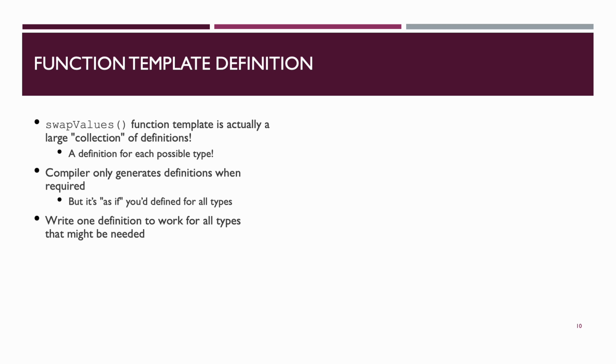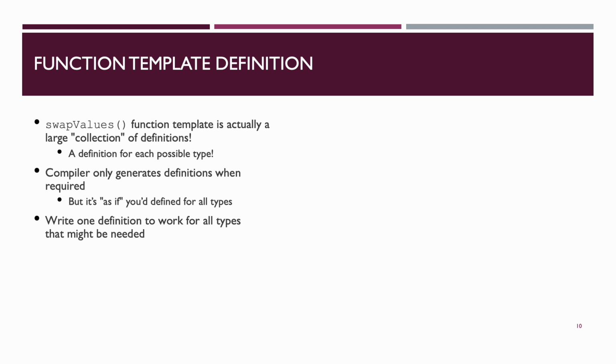Okay, so here if we see the function template definition, the swap values function template is essentially a blueprint that can generate a large collection of specific function definitions, one for each possible data type. The compiler doesn't generate all these definitions upfront.